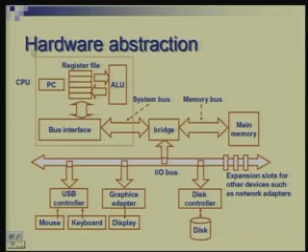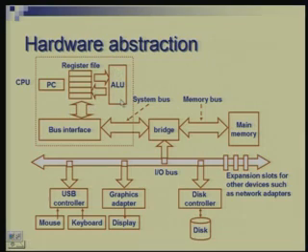Now, if you go further into this box, which I have labeled as CPU, you will find that it is further subdivided. So, you have a program counter, register file, ALU, and bus interface. Program counter keeps track of current instruction being executed. Register file stores the operands which are currently in use.